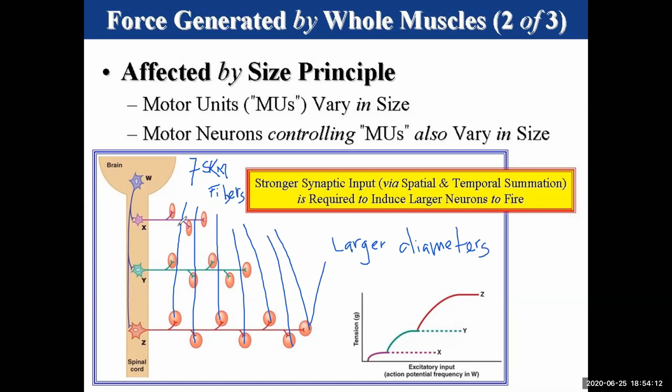So when you do a surgical procedure, you want to mobilize a small motor unit like motor unit X. But if you want to kick a football 60 yards downfield, then you want to mobilize a large motor unit like motor unit Z here, that can innervate up to 4,000 skeletal muscle fibers.